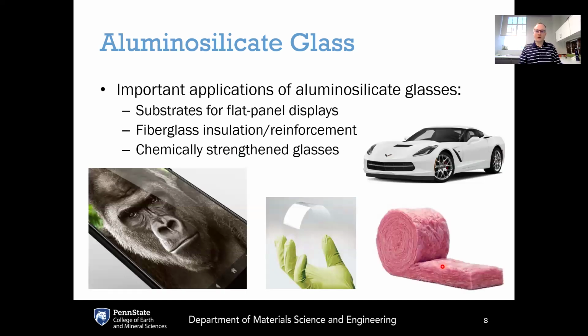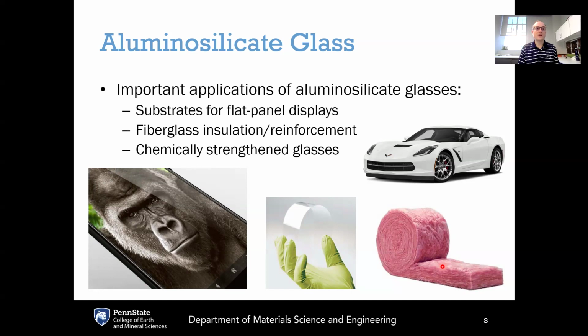Next up are aluminosilicate glasses. Aluminosilicate glasses are highly versatile. Aluminosilicate glasses involve incorporating alumina, or Al2O3, into your silicate glass matrix. Usually they also incorporate some alkali oxides or alkaline earth oxides, like sodium oxide or calcium oxide.